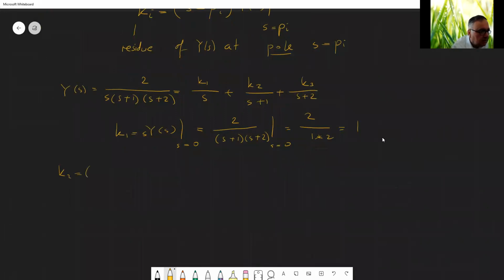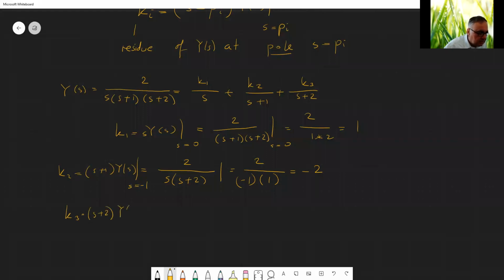K2 is (s plus 1) times Y(s), evaluated at s equals minus 1, obviously. So it is 2 over s times (s plus 2), which is 2 over minus 1 times (minus 1 plus 2), which is plus 1. So it is minus 2. And K3 is (s plus 2) Y(s), evaluated at s equals minus 2.